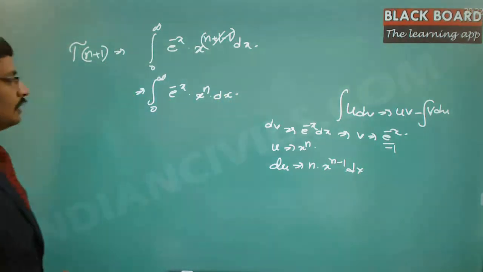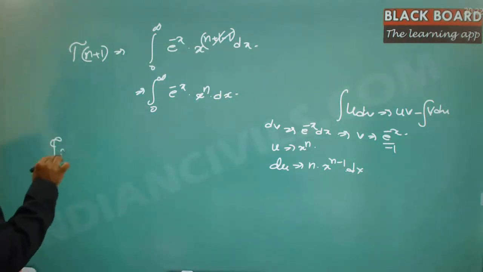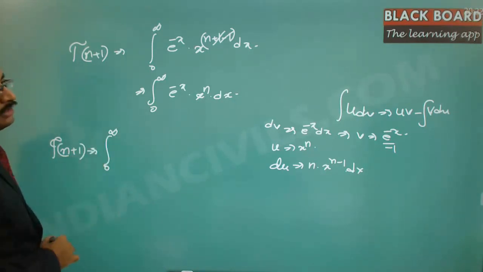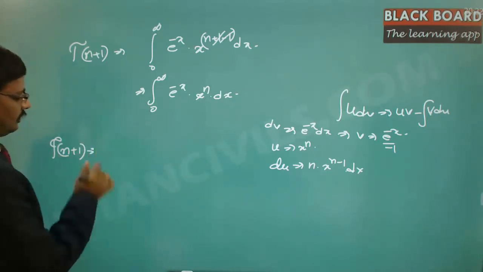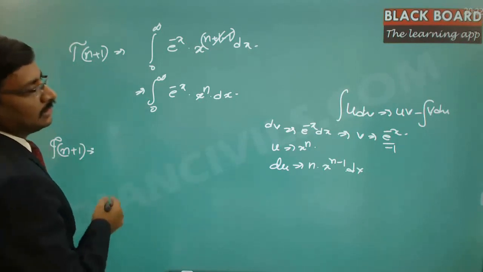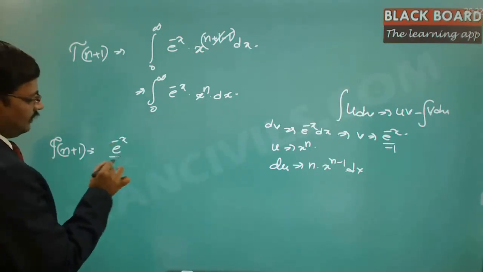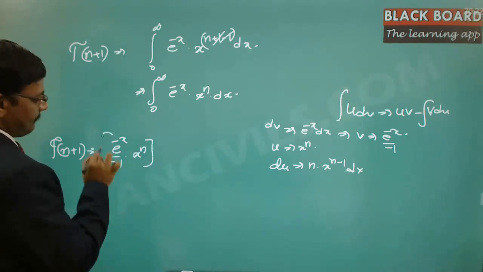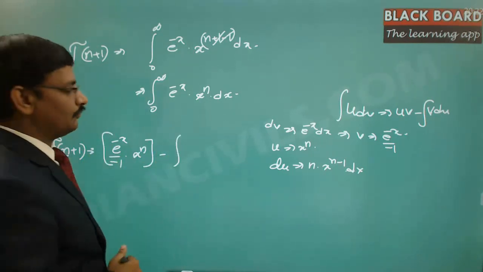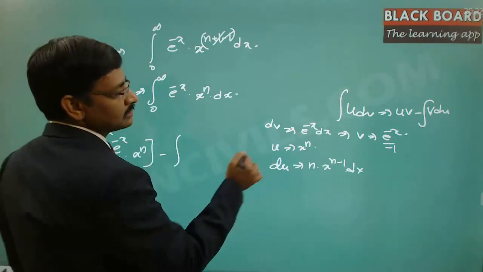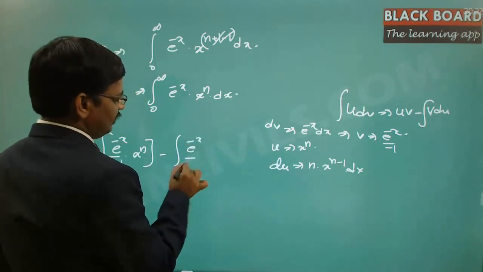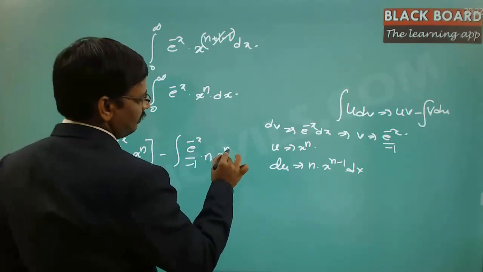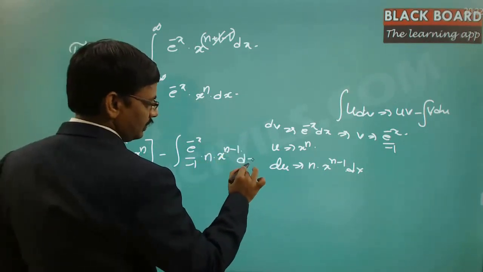If you substitute here, gamma of n plus 1 is the integral from 0 to infinity, so substitute the uv formula directly: e power minus x divided by minus 1 into x power n, minus the integral of v du, where v is e power minus x by minus 1 and du is n into x power n minus 1 dx.